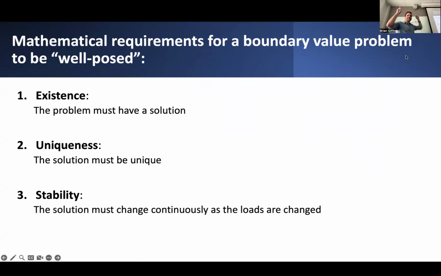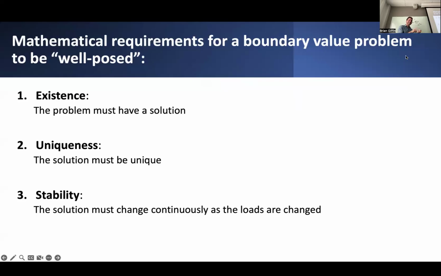The first is the existence condition, which implies that the problem has to have a solution. If you're trying to set up a problem that somehow doesn't have a solution, then you're setting yourself up for failure. You don't want to try to solve a problem that doesn't have a solution, because you're not going to get anywhere.